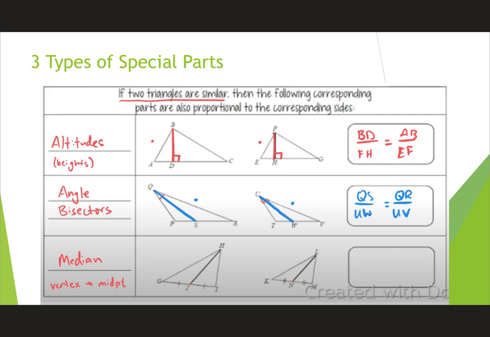And just like all the others, if you have this in a similar triangle, then the medians themselves, HJ over LN, let's go with this one, is proportionate to HI over LN. You could have used any of the corresponding sides. I just picked the one I did at random.